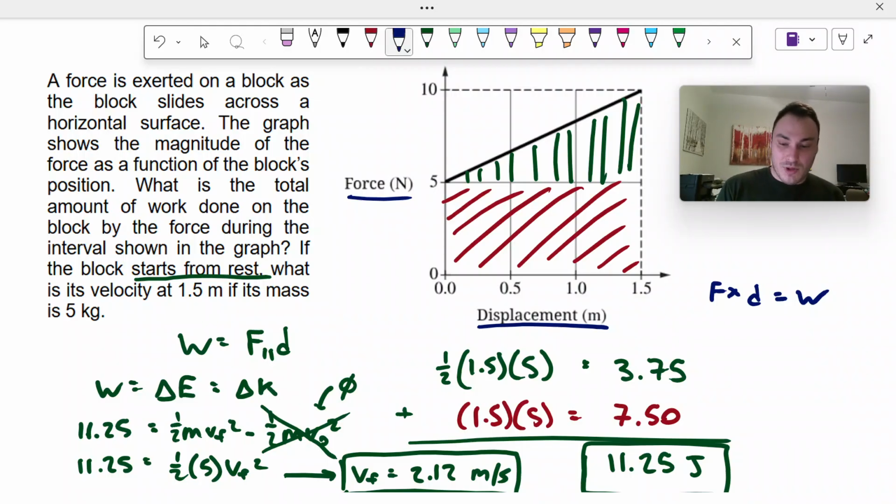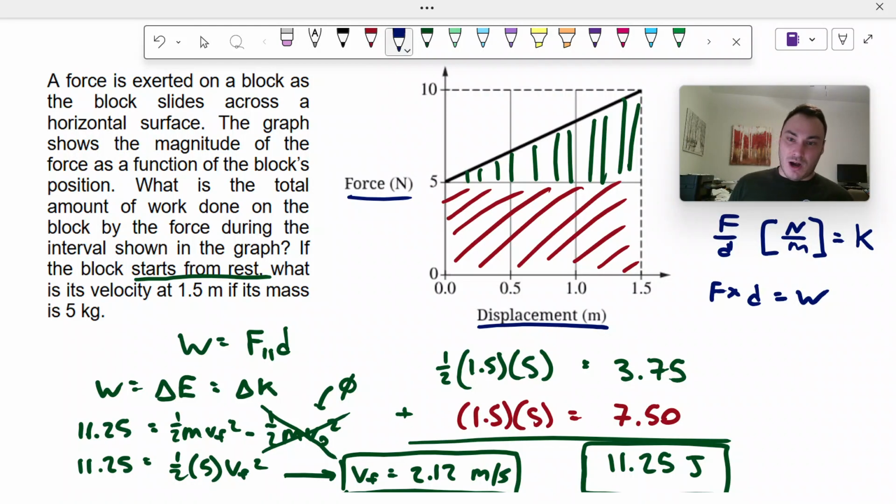For the slope, if we take force over displacement, unit-wise, that's going to be newtons over meters. This is a pretty tough one to see, but that is the unit of spring constant, newtons over meters.